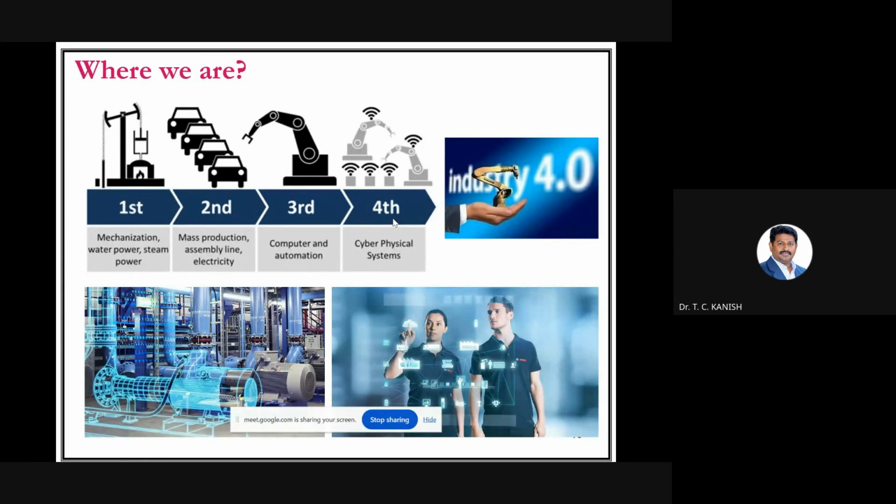Based upon the sensor data, we can have a separate digital system that will control the physical system. That is the cyber physical system we are using. You can see that we are talking about digital twins. Whatever the motor is there, that motor will be kept digitally next to it. So we are moving from industry 3.0 to industry 4.0, the next level.